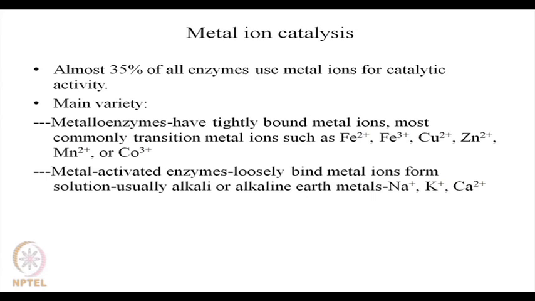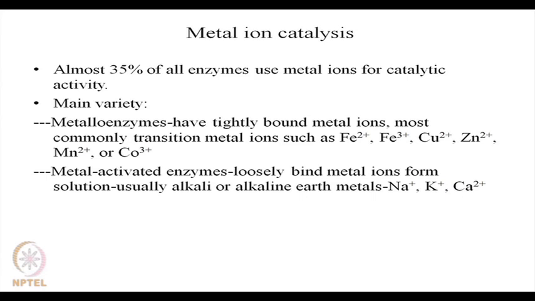And another one is metal activated enzymes. These have loosely bound metal ions from solutions, usually alkali or alkaline earth metals like sodium plus, K plus or calcium 2 plus.